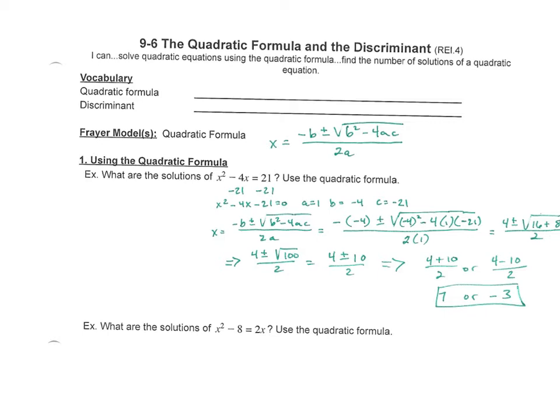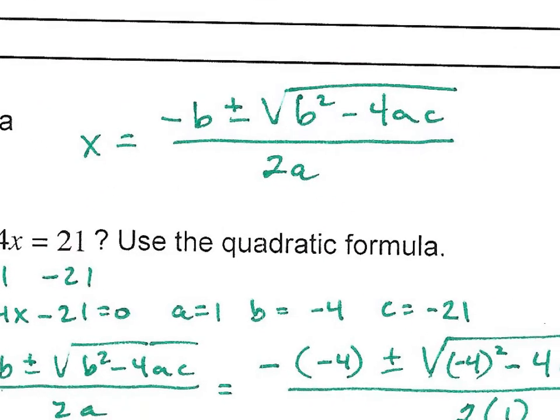There are going to be some limitations, and when we use it, we'll see that at this level we're only talking about real solutions. This is going to be your quadratic formula, where x is equal to negative b plus or minus the square root of b squared minus 4ac, all of that over 2a.